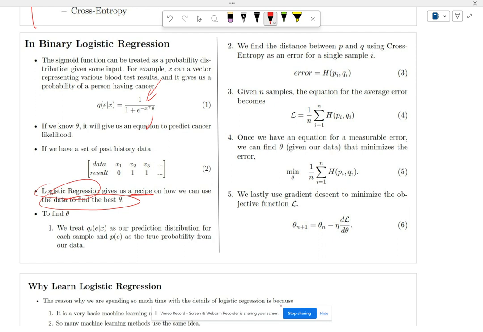Essentially, what we want to do is minimize the cross entropy between our prediction and the truth, right? We want the error, the difference between our prediction and the truth, to be as small as possible. Now, given n samples, what we want to minimize is the average error. And then we use gradient descent essentially to solve it.